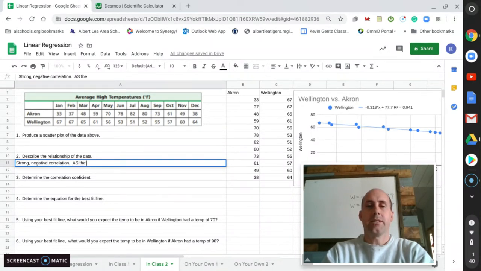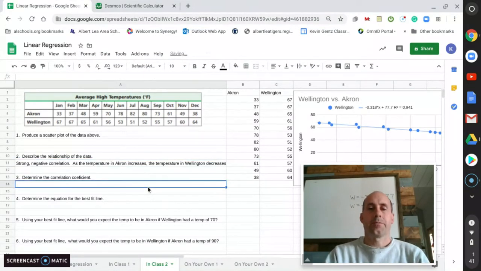That means as the temperature in Akron increases, the temperature in Wellington decreases. Okay, so that gives a very good description of our data.